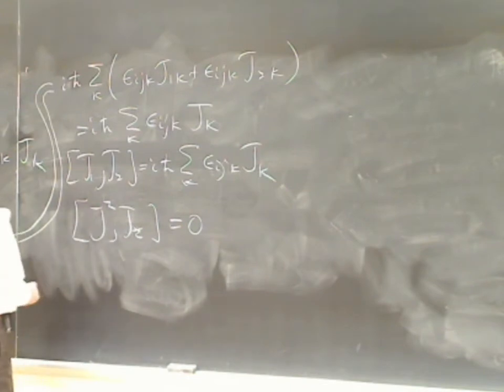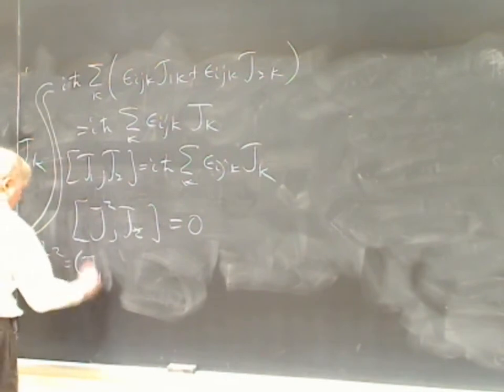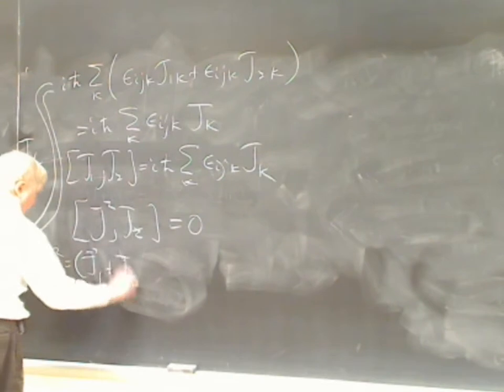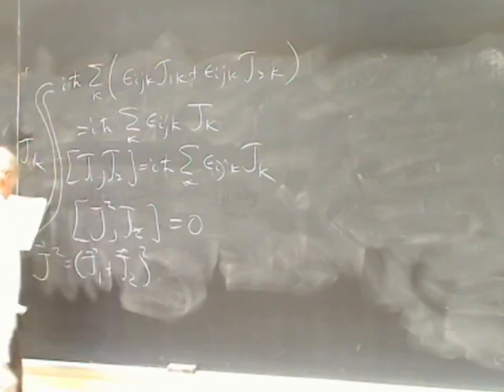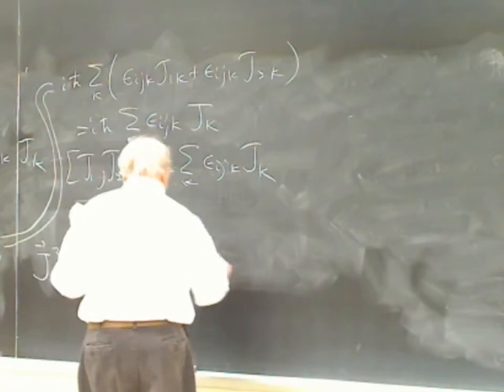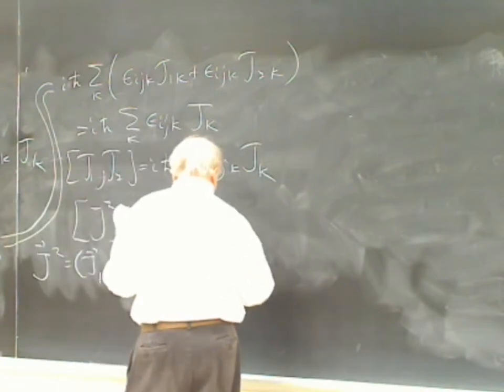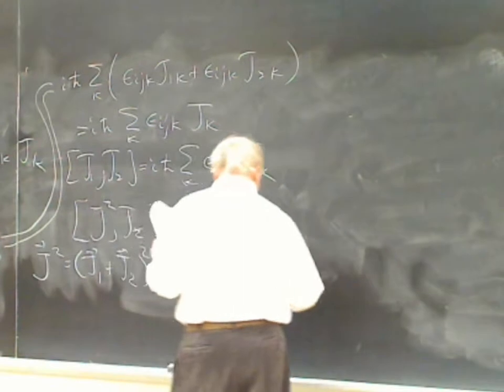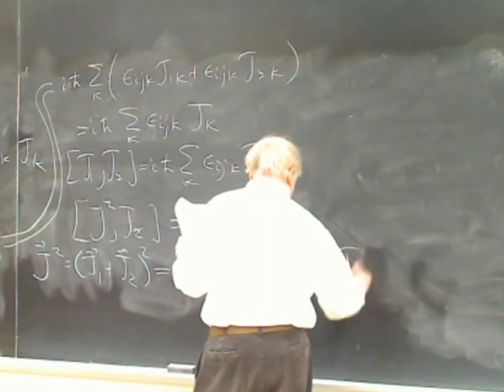Now, J squared is J1 plus J2 squared. And this is going to be J1 squared plus J2 squared plus 2 J1 dot J2.